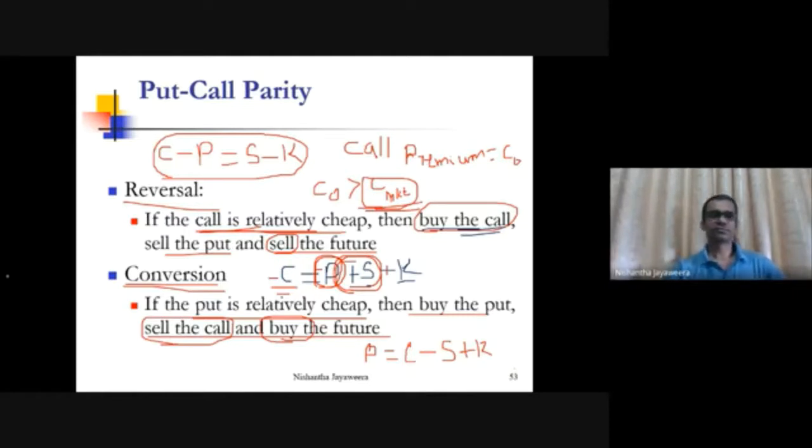If you want to synthetically create a future, that means S equals long call, short put, plus K.